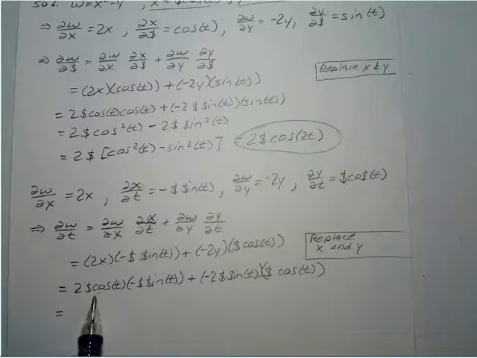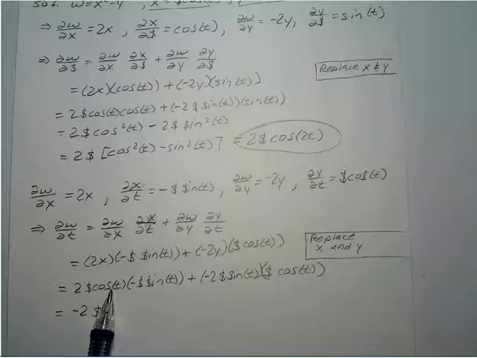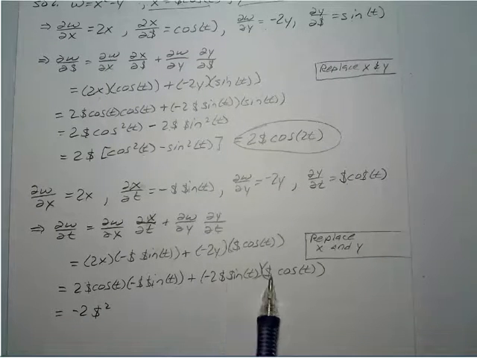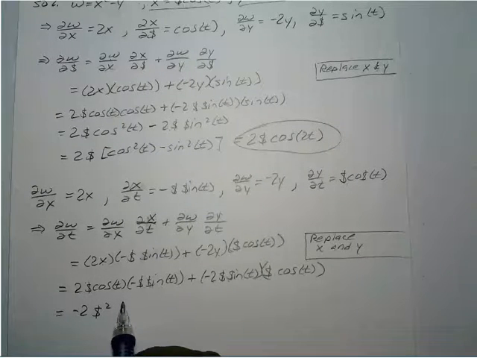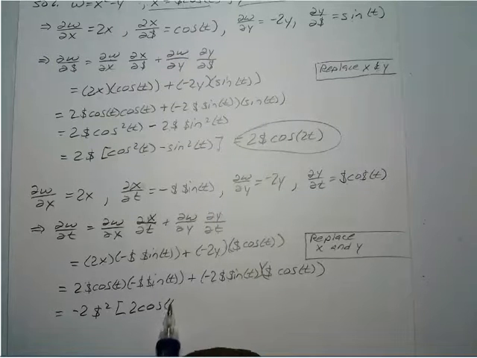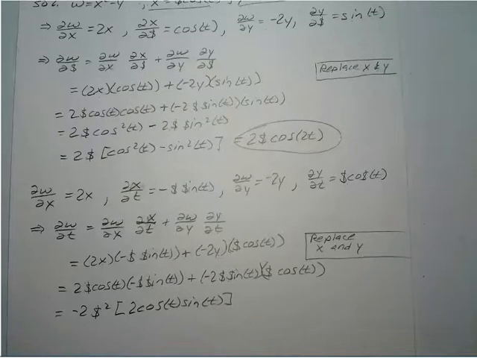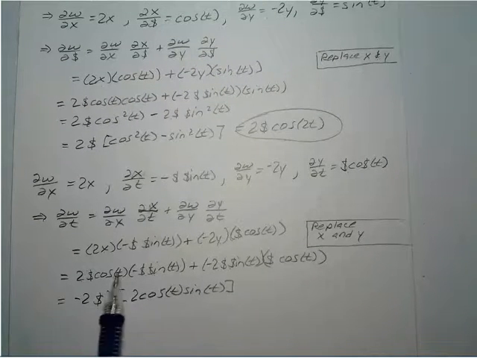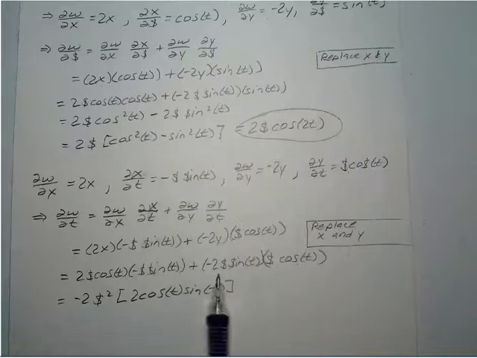So you have 2 times s times s, so you have negative 2 s squared, cosine of t, sine of t. Really, you have negative 2s squared for both of these. So if you factor negative 2s squared out of both of those, that will leave you with 2 cosine of t sine of t, because you have cosine times sine, cosine times sine. So it's just that added together.